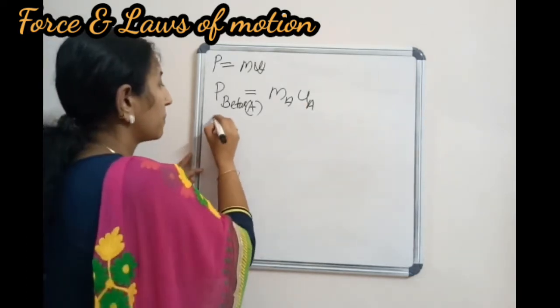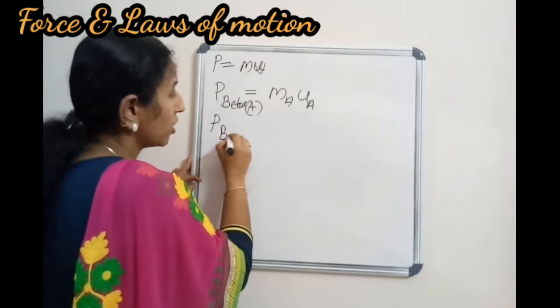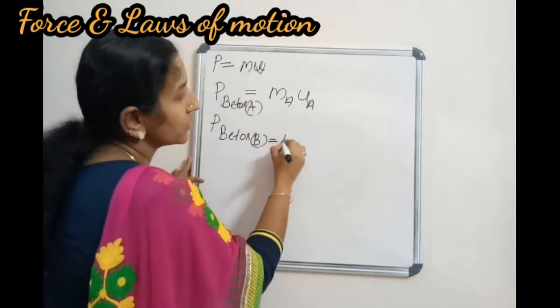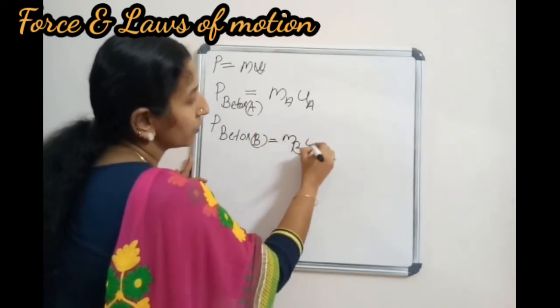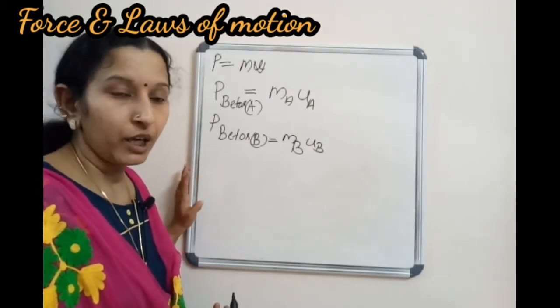Then the momentum of ball B before collision equals MB UB.